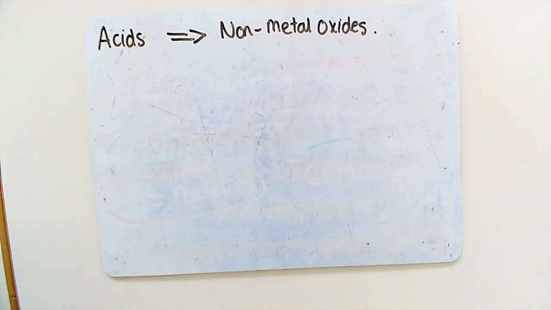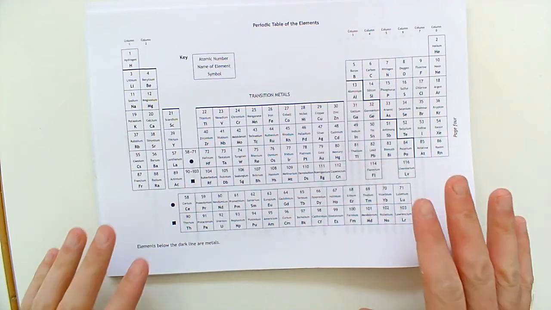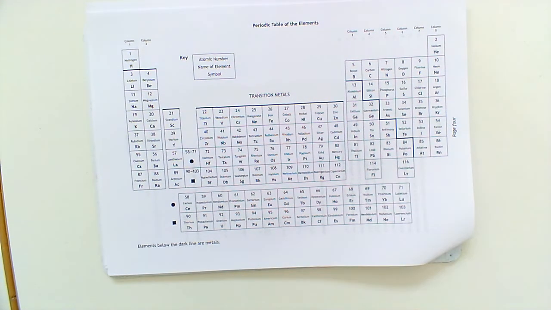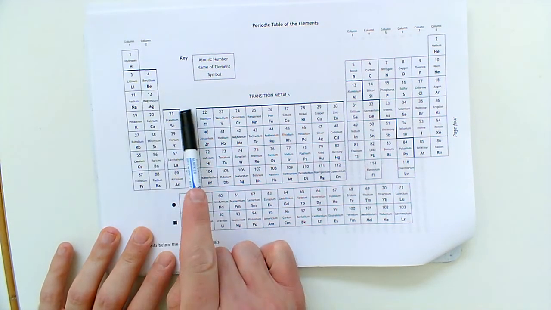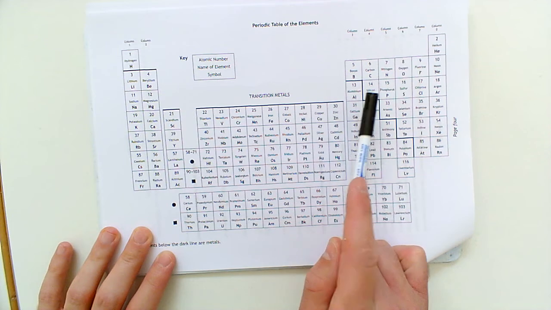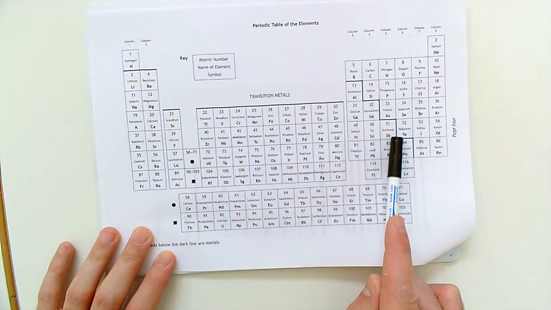We'll quickly look at the data booklet, page 4. It's not easy to read, small size there, but I'm hoping you can see a big thicker black line that goes along here, and then a staircase shape here.